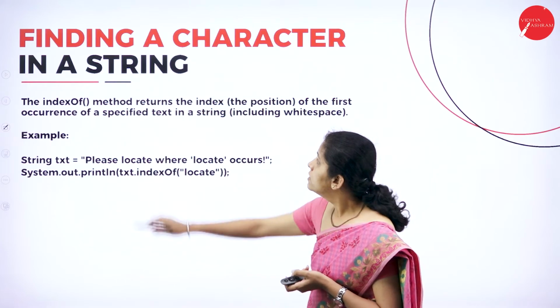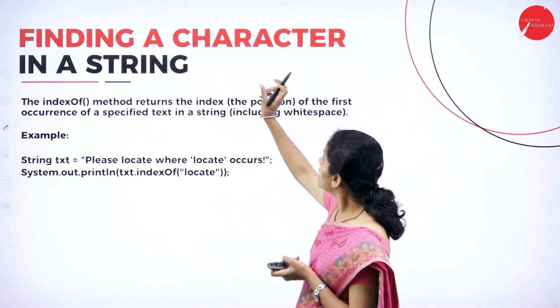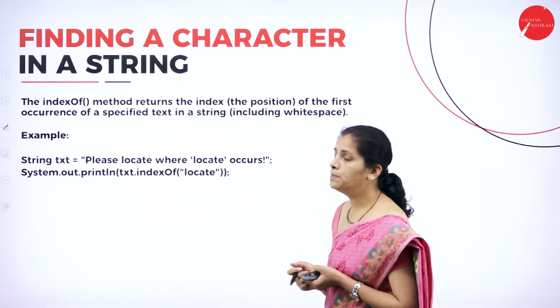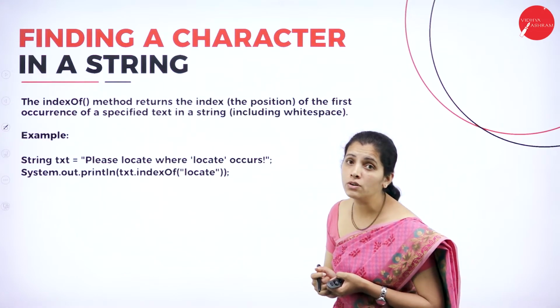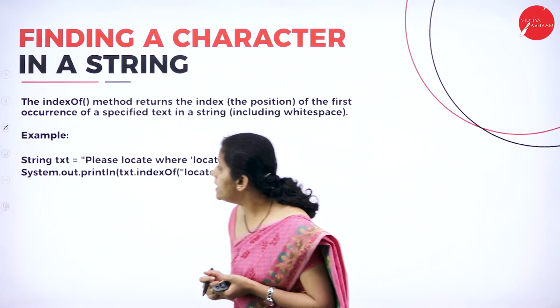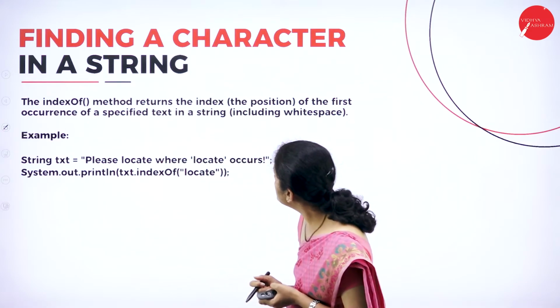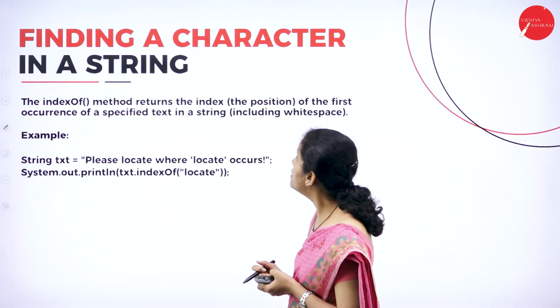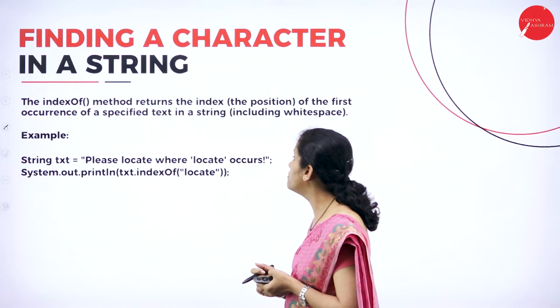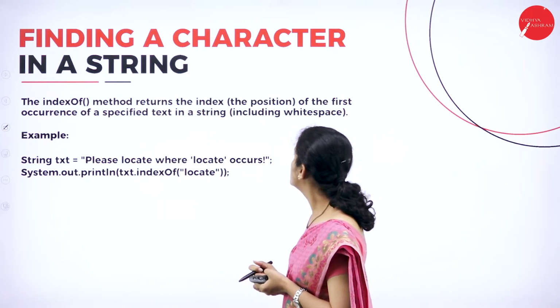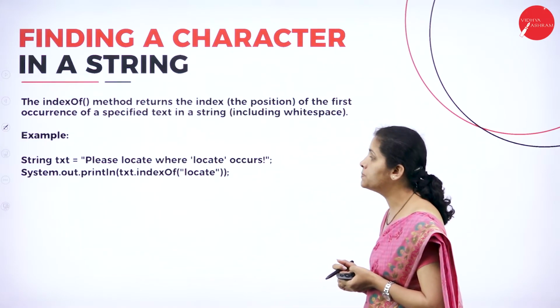Now, finding a character in a string. That means I want to find the location of a string. The indexOf method returns the index of the first occurrence of specified text in a string, including white space.